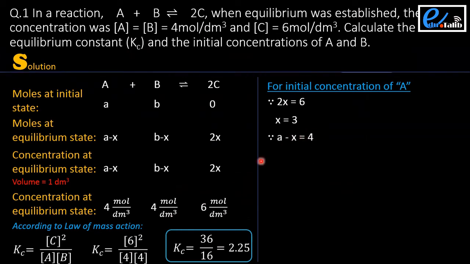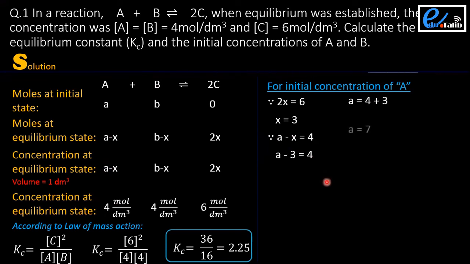Now, once again we know a minus x is equal to 4, because both these are the same. So the same we write over here, a minus x is equal to 4. By putting the value of x, we can easily calculate the value of a.